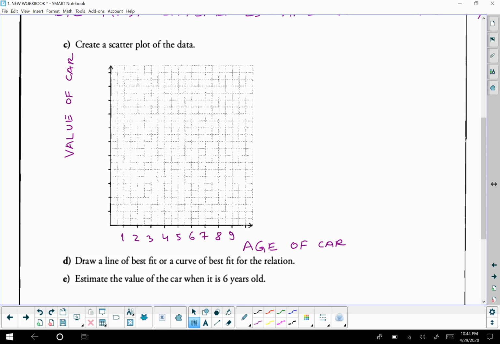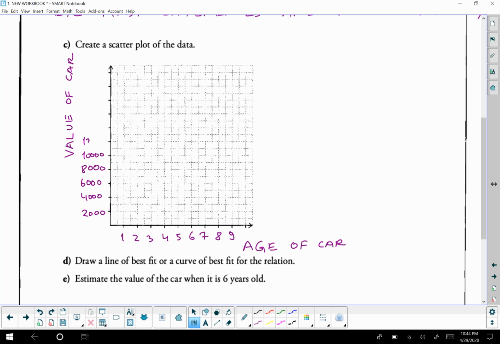There we go. And maximum value was 20,000. So 1, 2, 3, 4, 5, 6, 7, 8, 9, 10. So it looks like I can go 2,000 at a time. And that should fit.